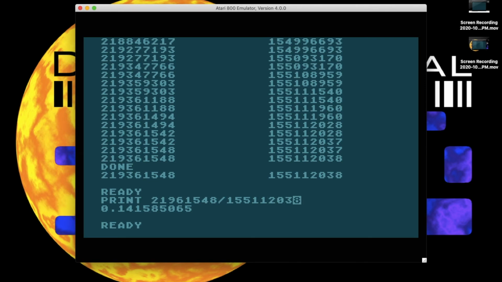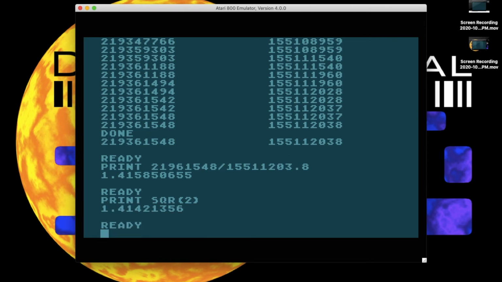Well, we can go period 8 like this. Yeah, but that's the wrong value. That's not right. 1.14159. Is that? I don't know. Let me see. SQR of 2. I don't think that's right. No, it's not. So somewhere along the line we messed up.